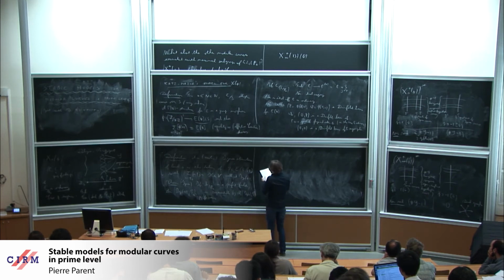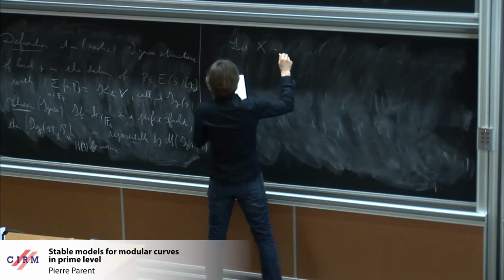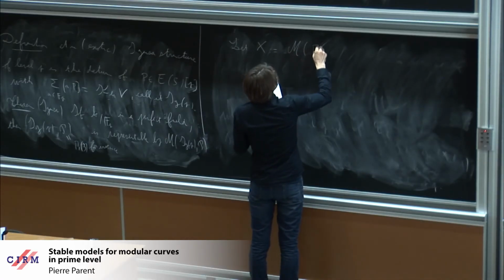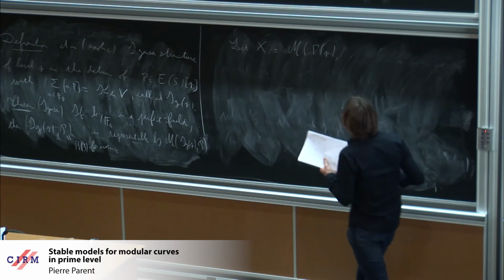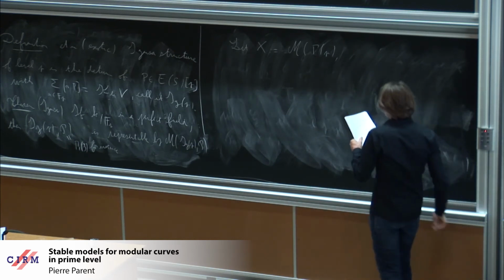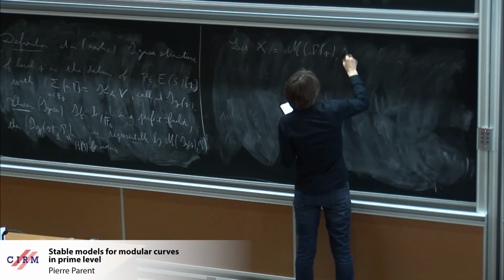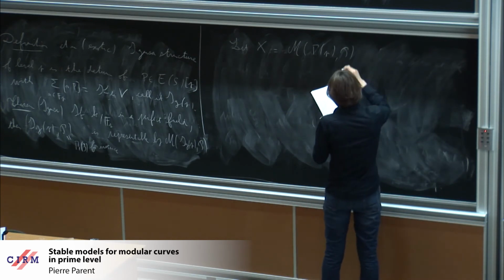So let X be the curve associated with the full P torsion, Gamma(P), in the sense of Katz and Mazur, and some additional structure I won't explain.